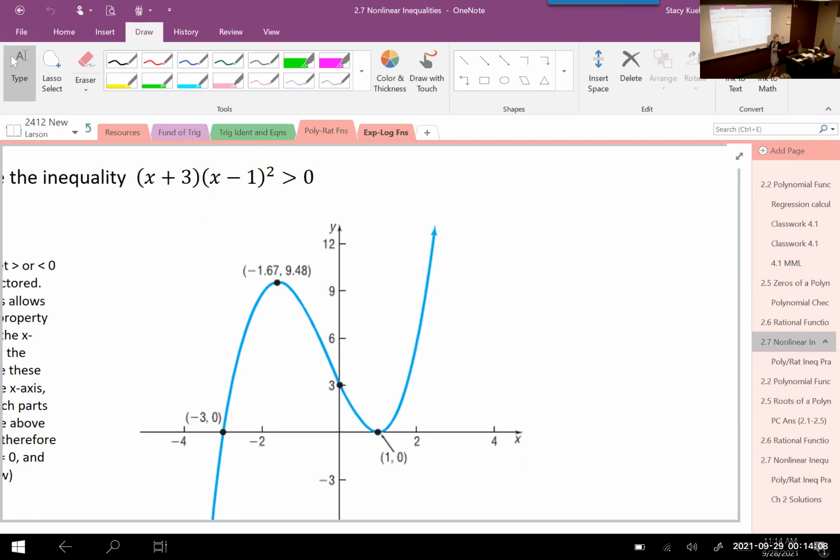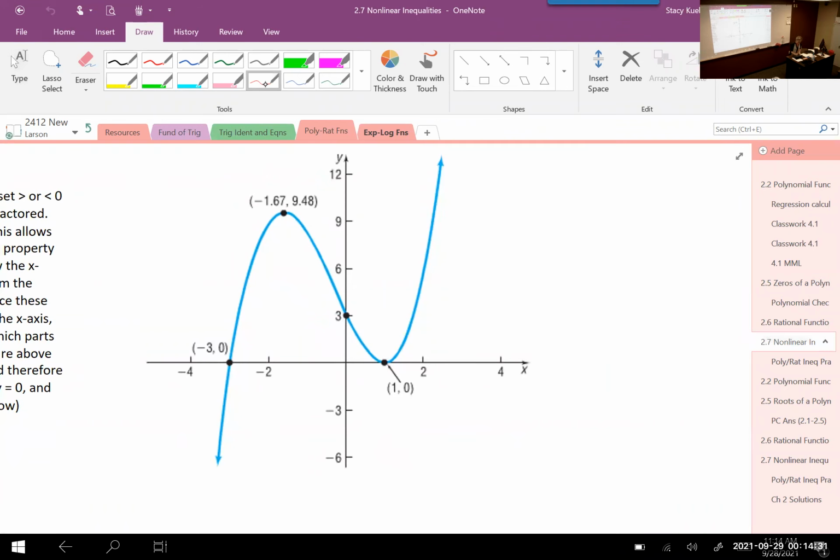So when we're looking at this, especially since we're talking about it in relation to 0, graphically, when I look at a polynomial inequality, I'm looking at, where is the graph above the x-axis? Because that would imply positive values. So we can see here that the graph is above the x-axis, starting at -3 up to +1.